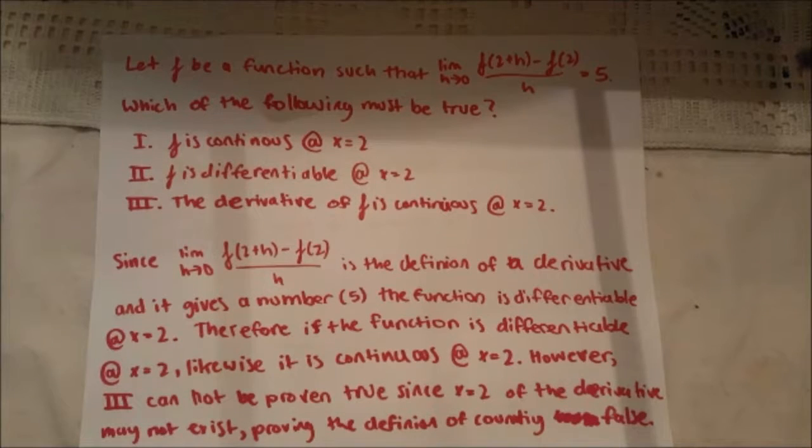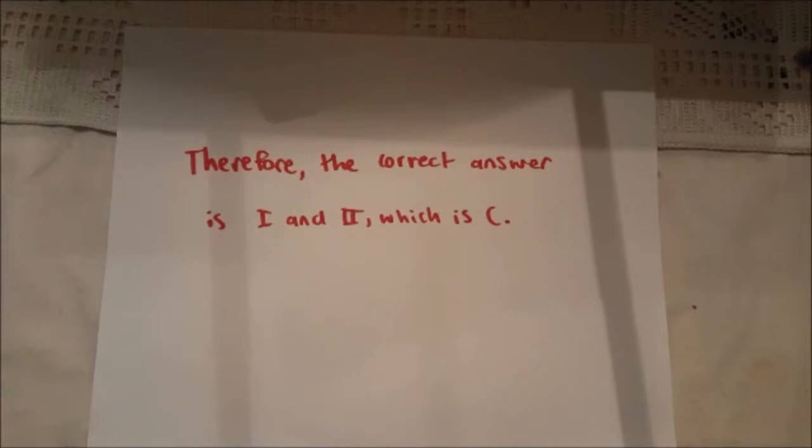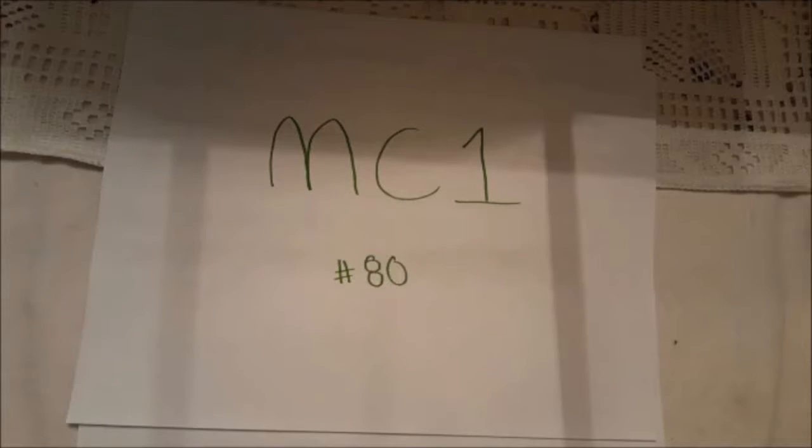However, 3 cannot be proven true, since at x equals 2 the derivative may not be continuous. Therefore, the correct answer is 1 and 2, which is C. 1 being f is continuous at x equals 2, and 2 being f is differentiable at x equals 2.